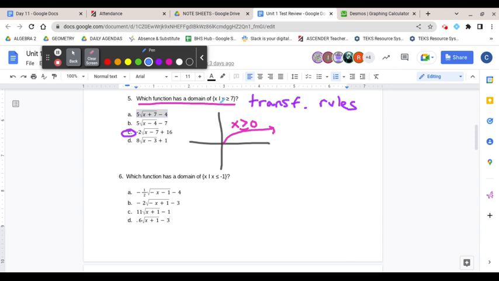If we're trying to find a domain of x being greater than or equal to 7, we're going to take the parent function and move it to the right by 7. Whenever we move a function to the right by 7, we have a horizontal translation to the right by 7.